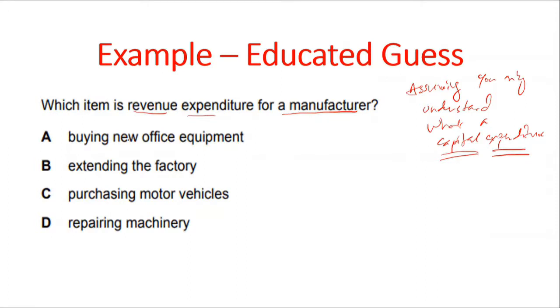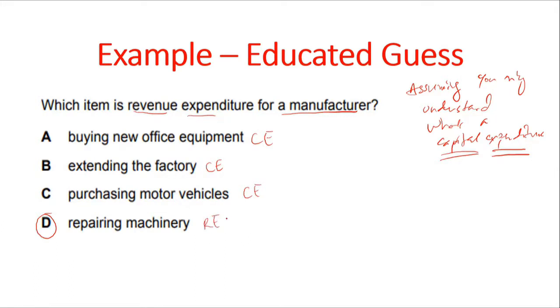So let's look at the first option, buying new office equipment. This is of course a capital expenditure. Then option B, extending the factory. Now the manufacturer is extending the factory. This is again a capital expenditure. Purchasing a motor vehicle, this is a fixed asset. This is again a capital expenditure. So now you see the first three options have been capital expenditures. The only remaining answer is option D. That's actually the correct answer.